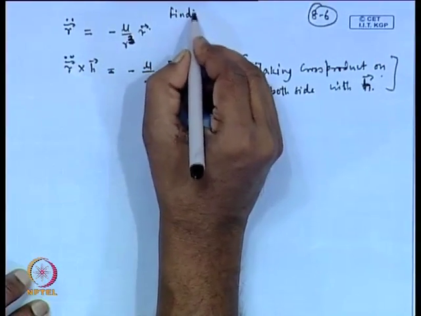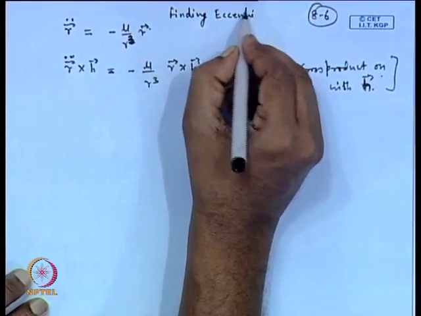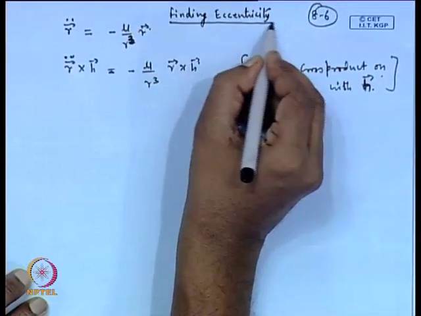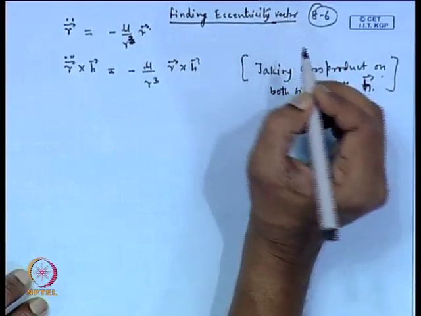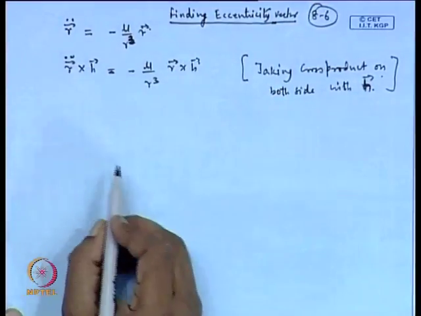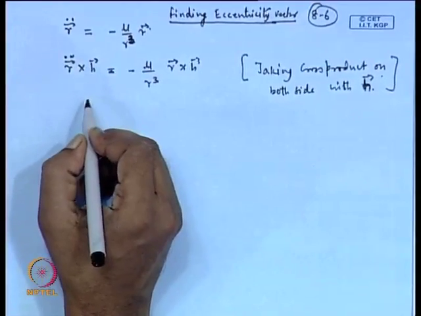So, what we are trying to do here is finding the eccentricity vector. There is another name to this. So, we will come to this once we derive, then we will see how things look.